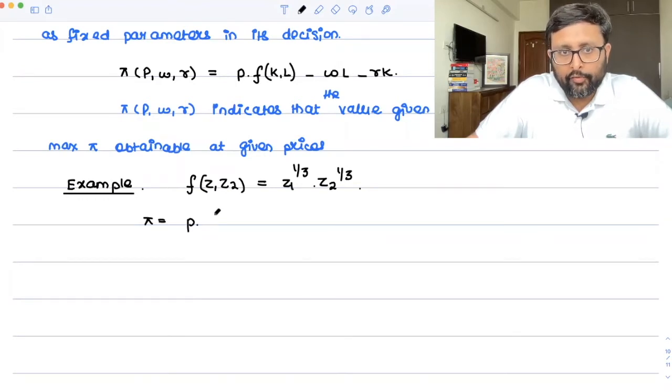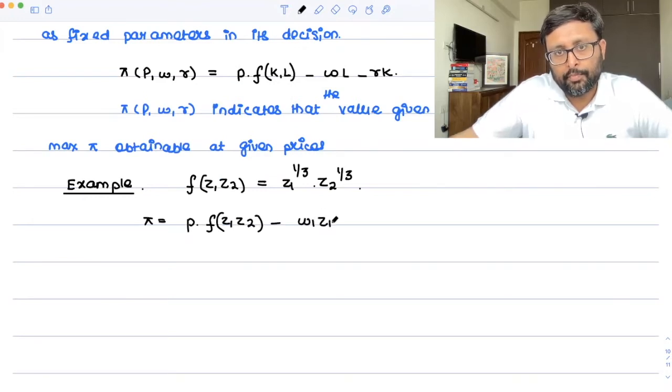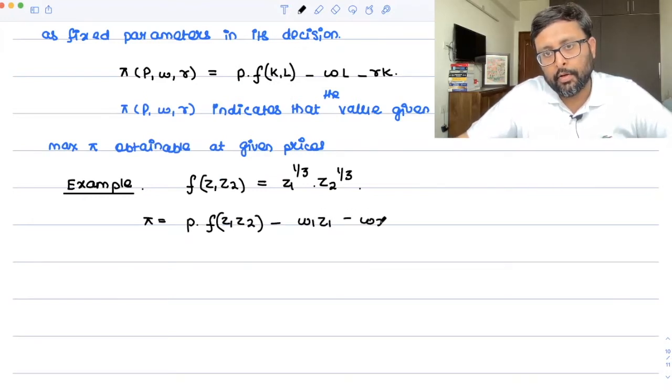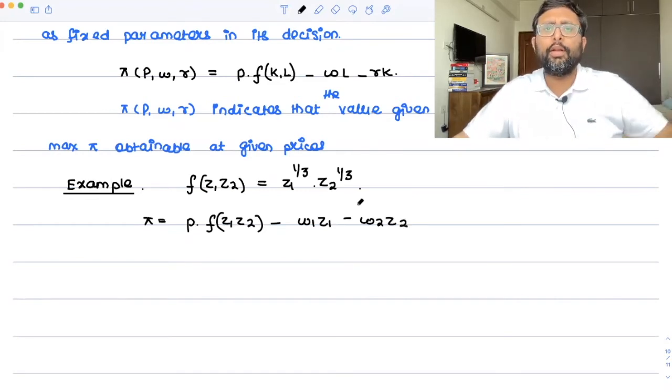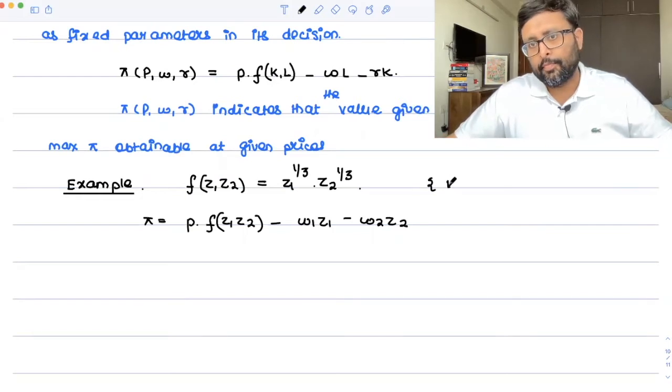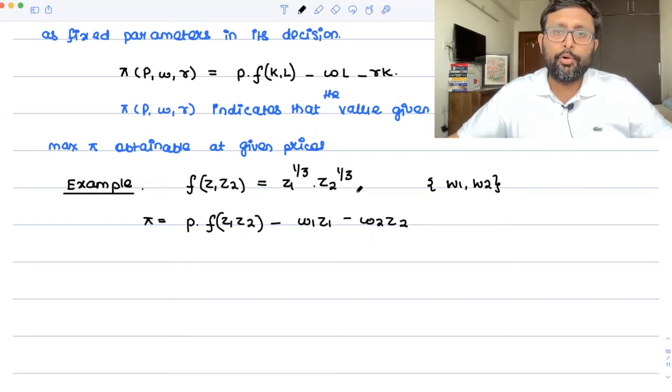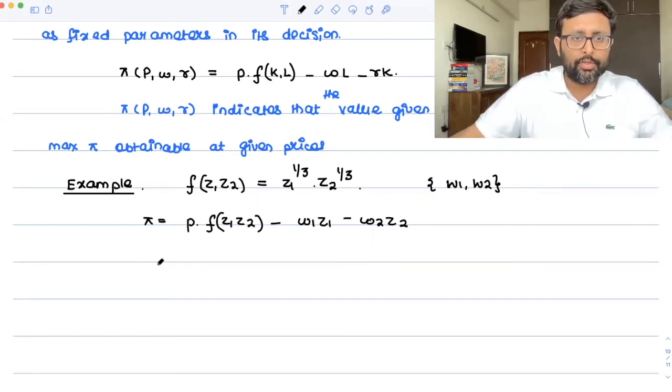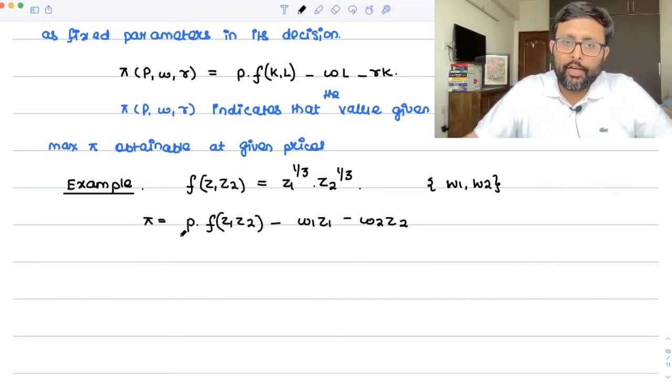Quantity is what? F of Z1, Z2, minus W1 Z1 minus W2 Z2. So W1, W2 are the input prices of Z1 and Z2 respectively. So there are only two variables which are under your control, the inputs, how much you want to employ of these inputs.